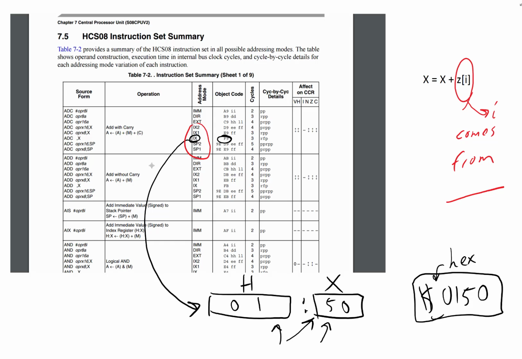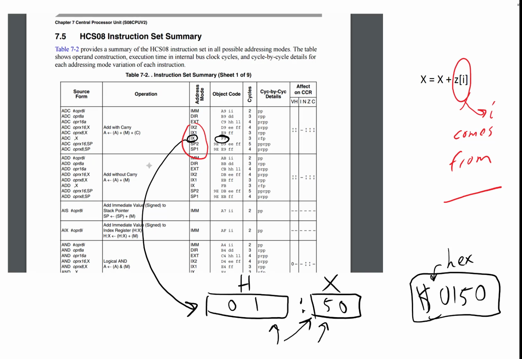We're not going to add 150. We're going to add whatever's at 150. It's important to note that 150 is checked at runtime, right? So this value is not known at the time we wrote the program. This value is what happens to be currently held in the HX register as the program evolves.